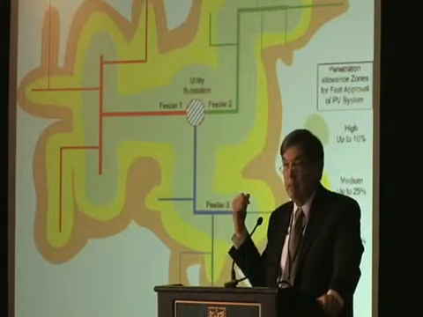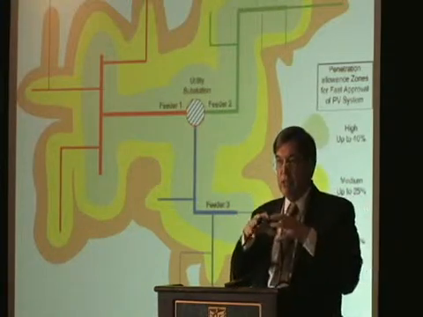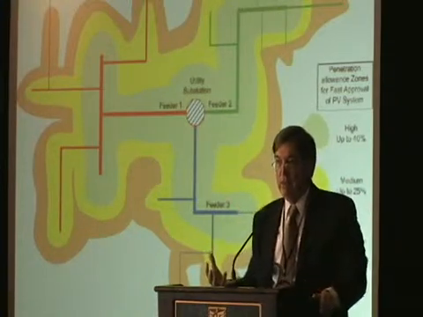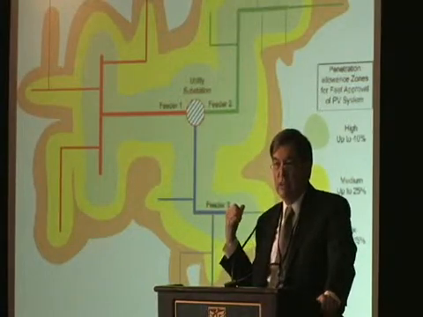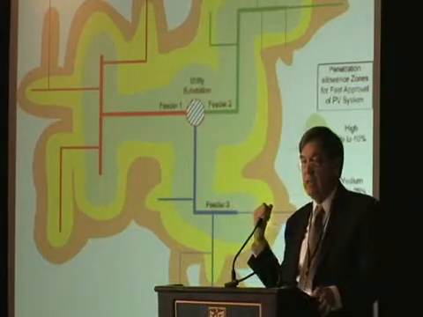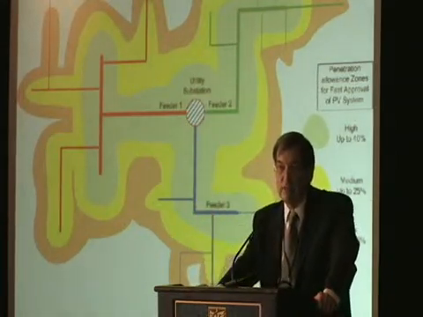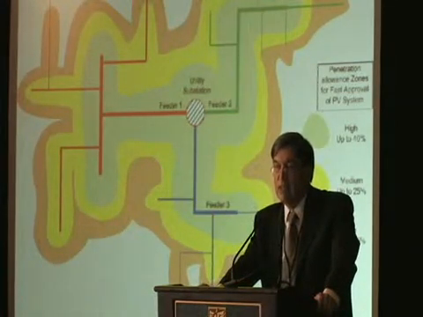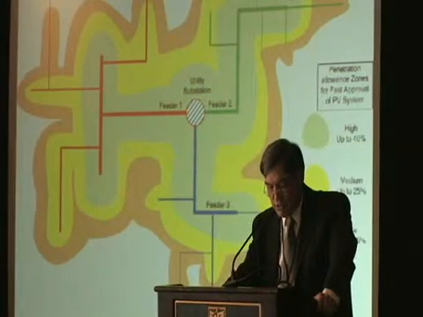This is going to be much more difficult to do and much more sophisticated, but if we start developing the tools now and start developing the software necessary to have utilities have this in their pockets so they can start doing these analyses, we can then optimize the amount of DG that ultimately is allowed to be put in a distribution circuit.